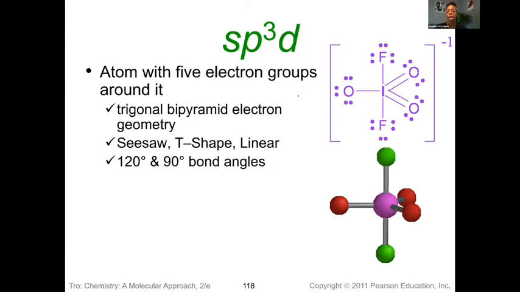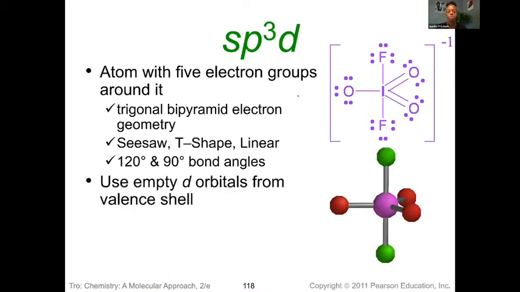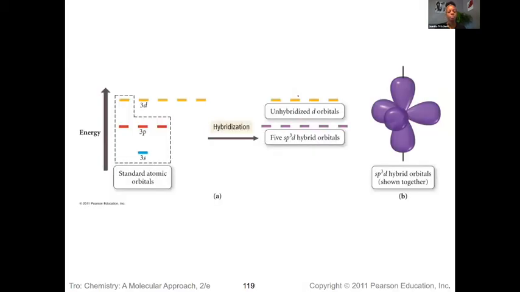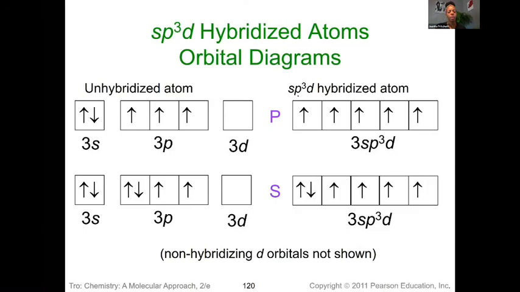And again, those unhybridized d orbitals could also be used to make pi bonds or double bonds like you see in this example. Okay. Again, here we're mixing all of my s's, 3 of my p's, 1 of my d's to create these equivalent 5 sp3d orbitals, which allow to make this trigonal bipyramidal shape. All right.